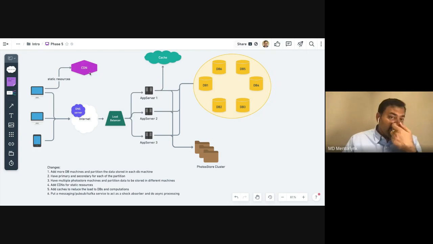What is CDN? CDN is useful. It's sort of a cache for static resources. It's called a content delivery network. For example, if there is a static thing like a movie or a video or a photo, those resources can be cached all across the world. Let's say your photo service goes global, then somebody living in India or Europe or Australia need not come all the way to your primary set of servers or databases, which let's say primarily is in the US.